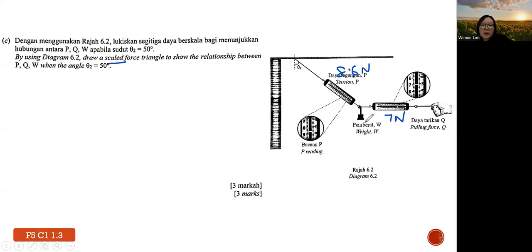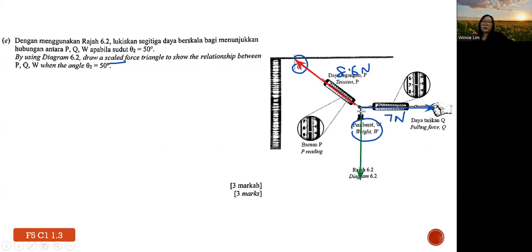And then you have the weight, you have the angle. Before you draw it, for information, the direction of tension is away, this way. The Q pulling force is horizontal toward the right side. And your weight is downward.